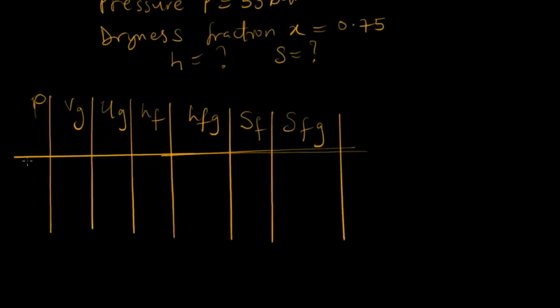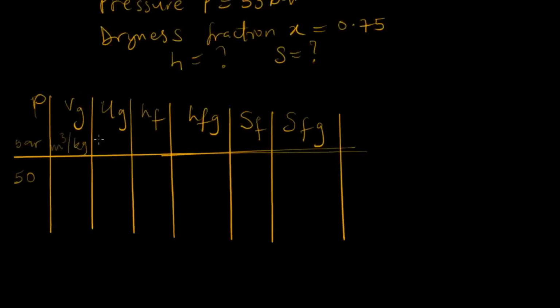Now you have something like this: pressure in bar. This is meter cube per kilogram.